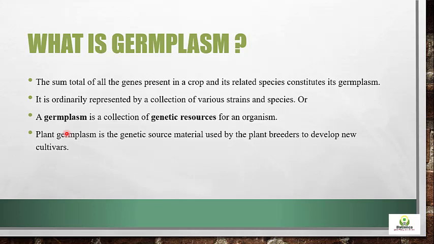For example, there is a wheat variety or species which has a very low yield. What we do is conserve the germplasm of that particular wheat and make that germplasm available to the plant breeders.